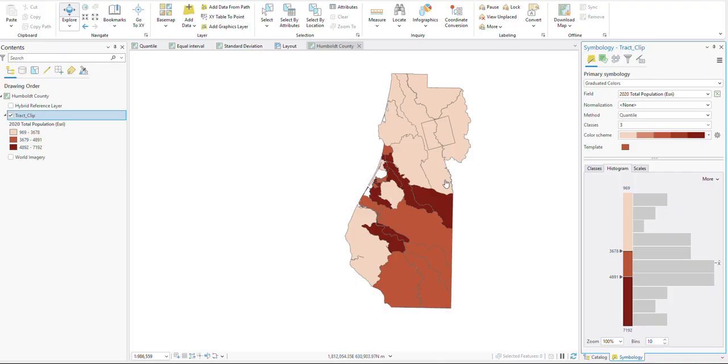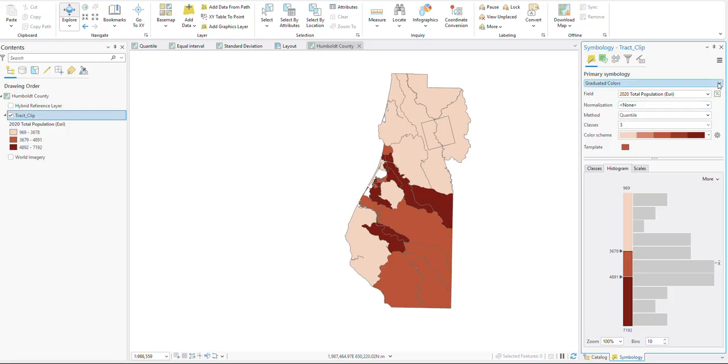This is putting the same number of observations in each bin, so we get a lower third, a middle third, and an upper third of population across this landscape. And that can be helpful in understanding these different bins or breaks in the data. Where are our low values? Where are our medium values? Where are our high values? Okay, so we have that in 3 classes.